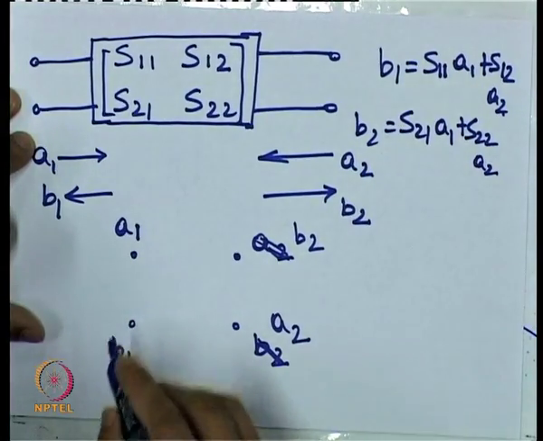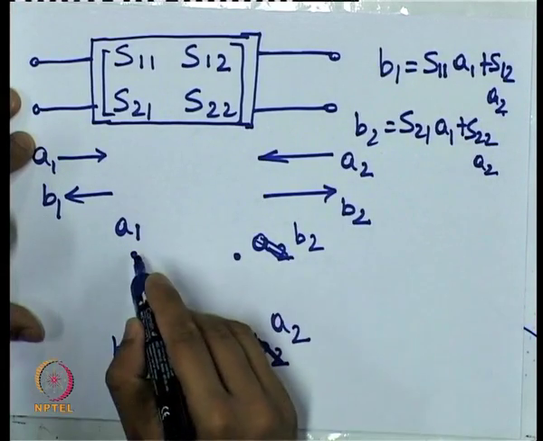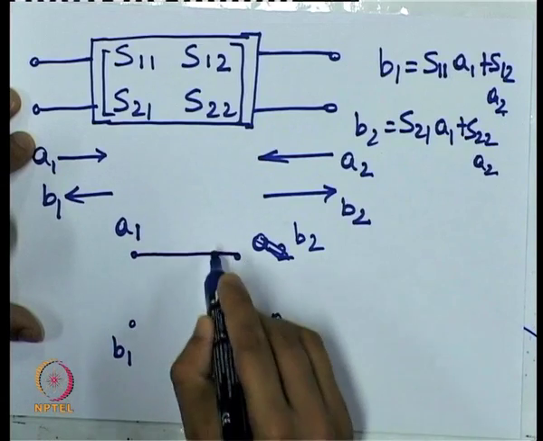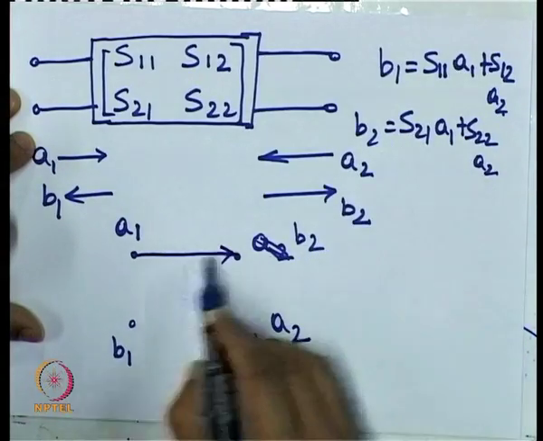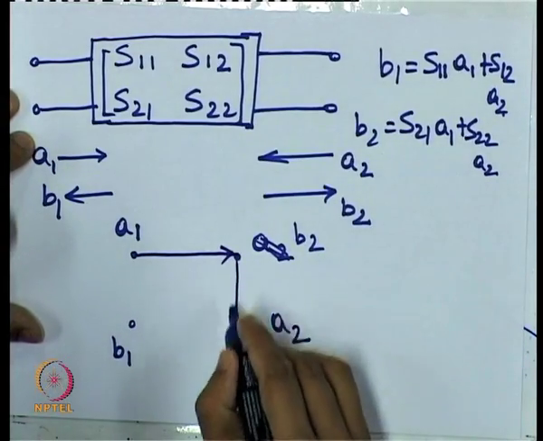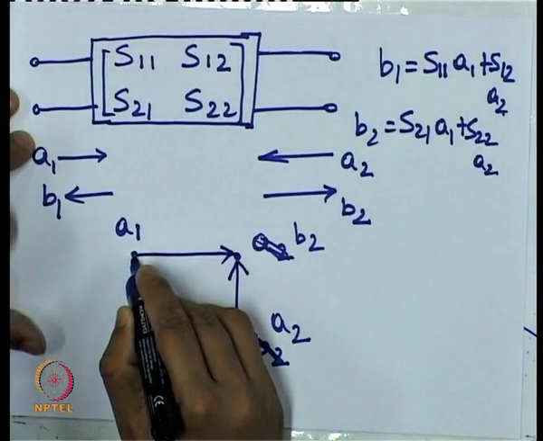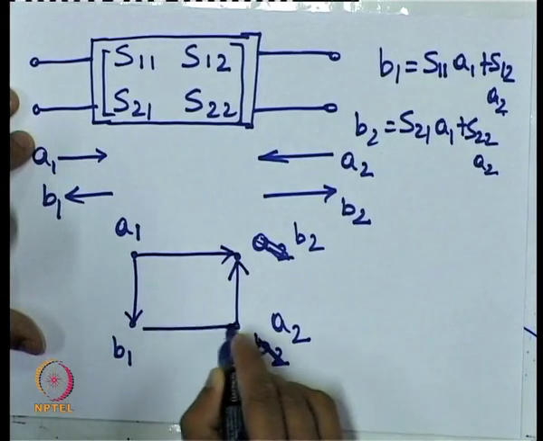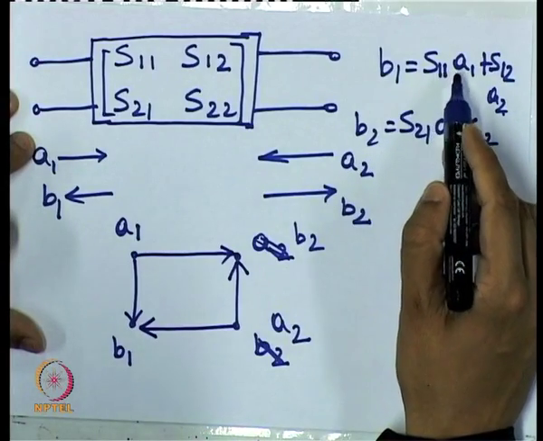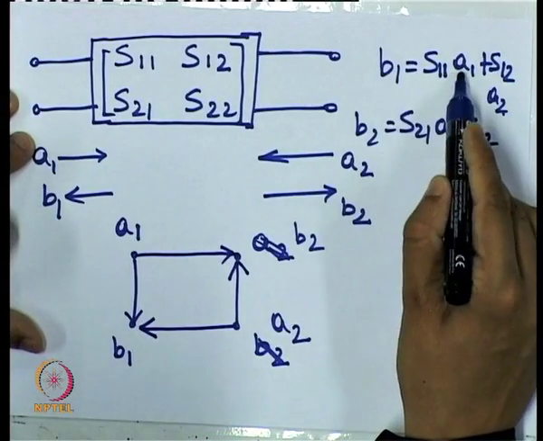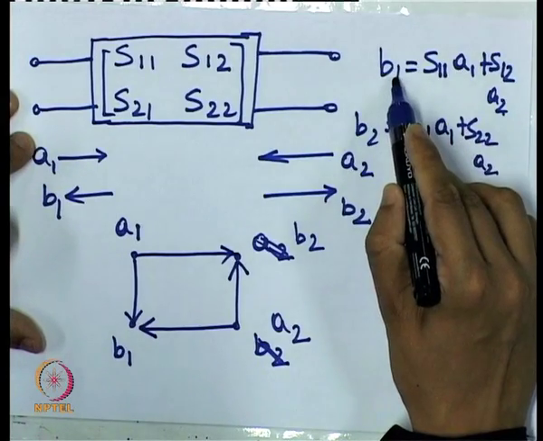So when we have one variable or one node contributing to another node, we draw a line or an arrow between the two. So here from these equations, A1 and A2 contribute to B2. Similarly, A1 and A2 contribute to B1, and the magnitude of the contribution for each, that is, S11 times A1 is contributed to B1.